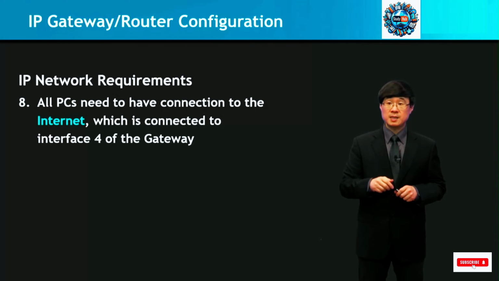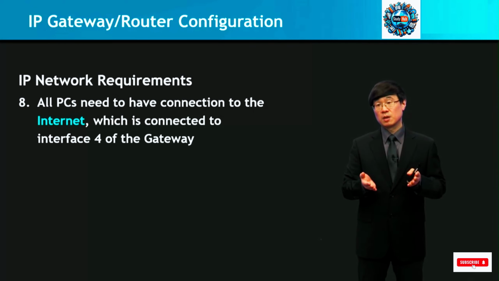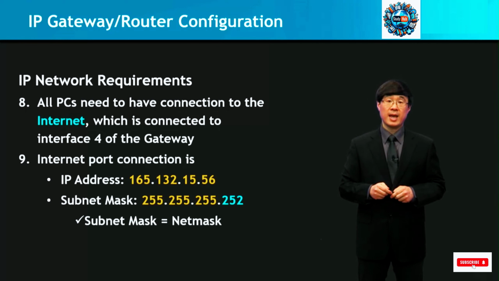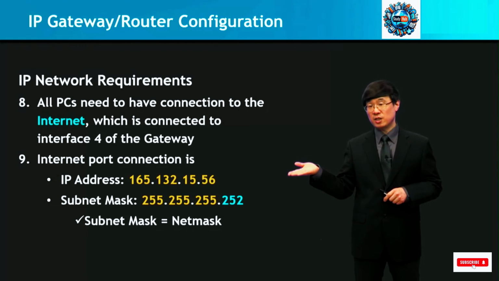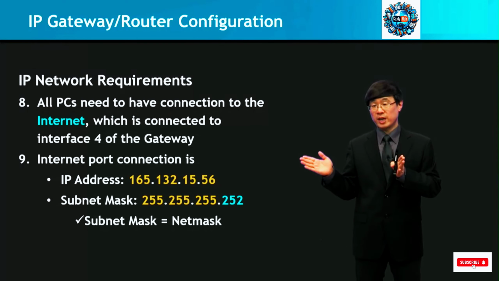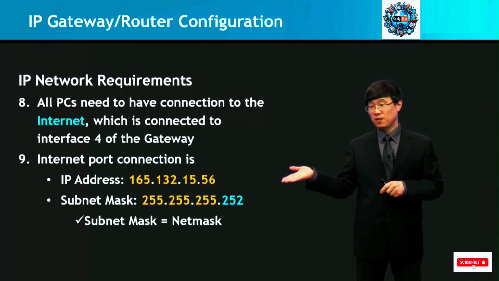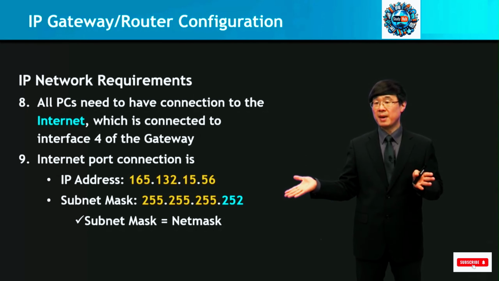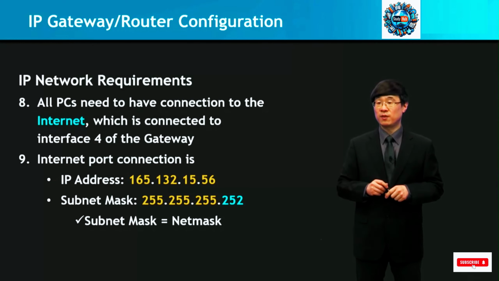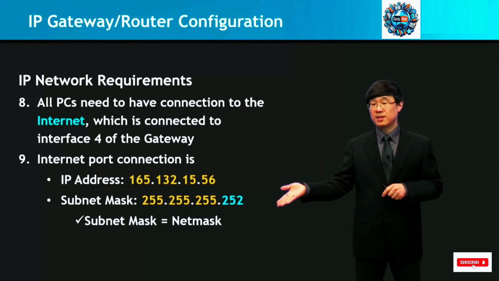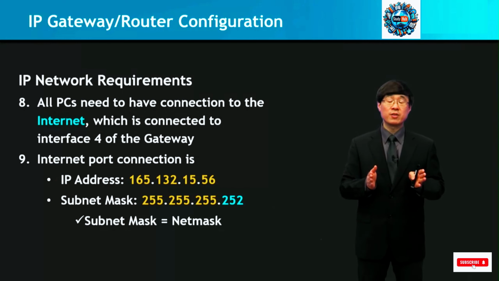And all PCs need to have connection and internet access, and that is connected through interface 4 of the gateway. The internet connection has a port address of 165.132.15.56 with a subnet mask of 255.255.255.252. The subnet mask is also called the net mask.